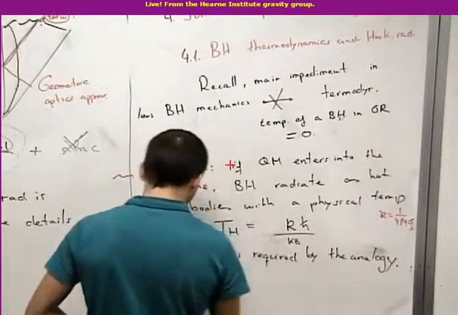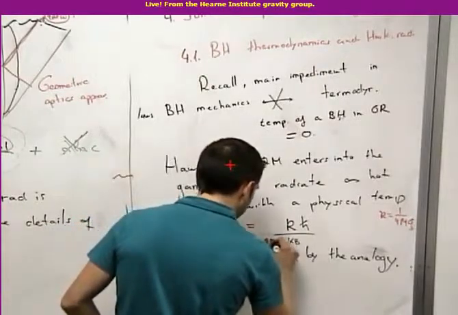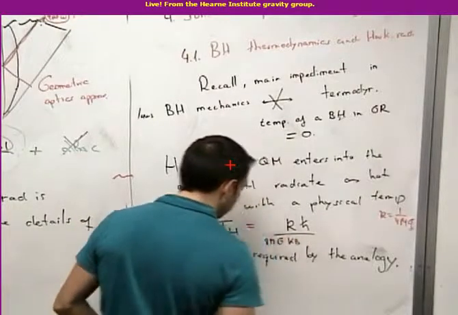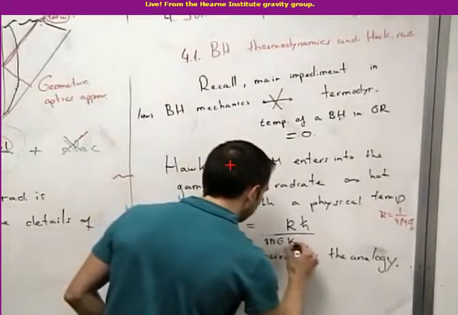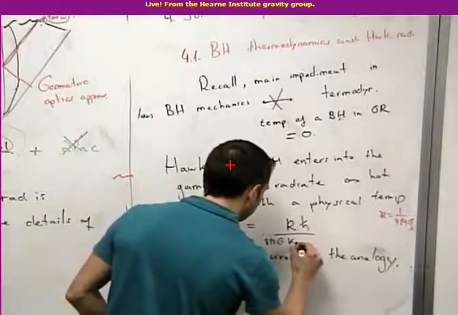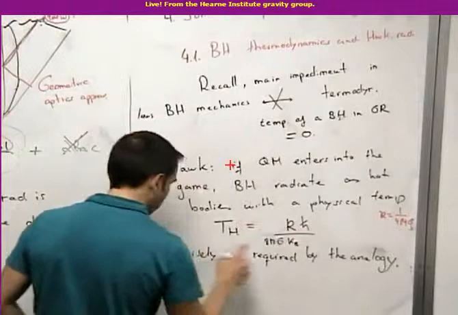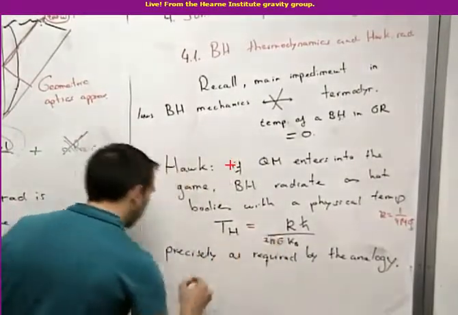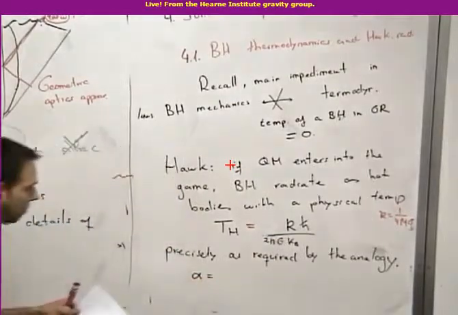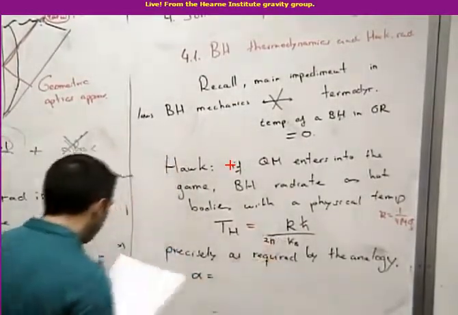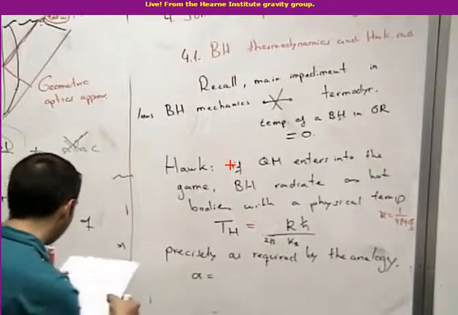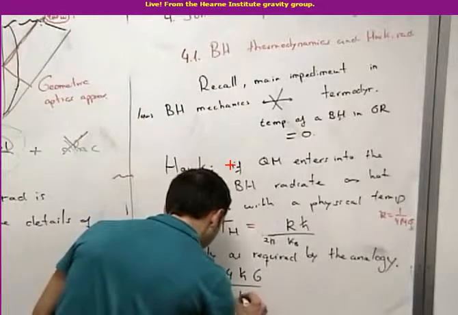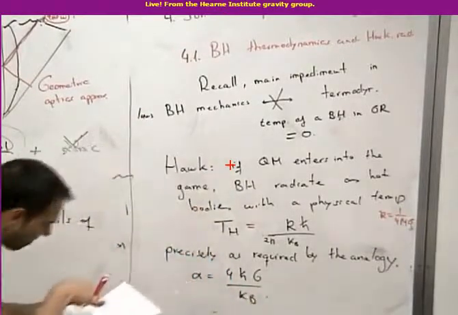But it's already in kappa, so we don't have G. In other words, alpha is 4 h bar G over Boltzmann constant. I have that.